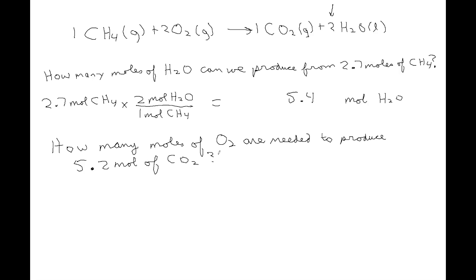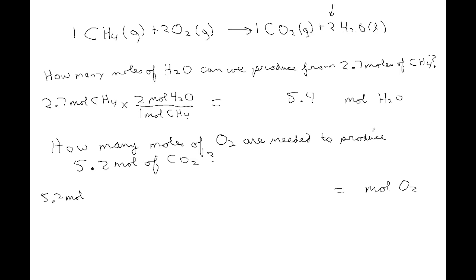Let's try working this out on paper. Okay. All right, so first thing, you write down your target unit, which is moles CO2, and you write down what you have, which is 5.2 moles. No, sorry, target unit is moles of oxygen. Moles of O2.